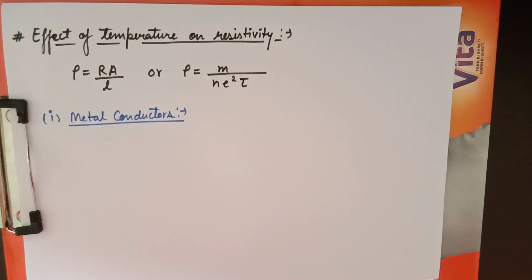If the velocity of the charge carrier increases, then there will be more number of collisions. If there are rapid collisions, then relaxation time period will decrease. If the relaxation period decreases and number of collisions increases, then there will be more resistance and more resistivity.